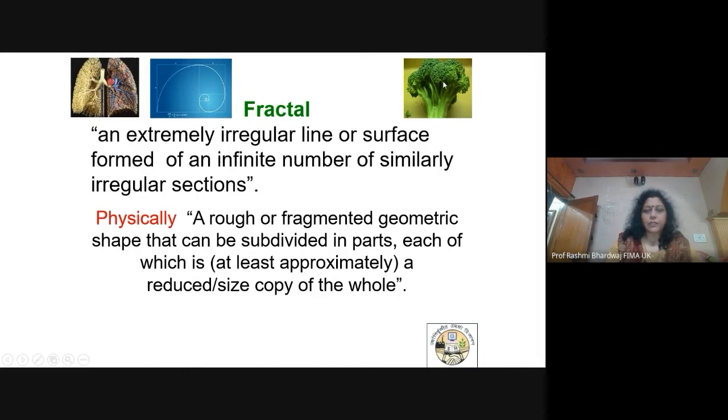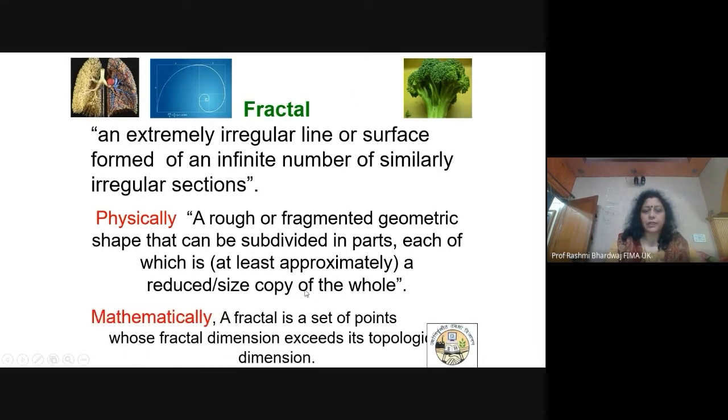So mathematically, a fractal is a set of points whose dimension exceeds its topological dimension. Basically, for topological dimension, we know that a point has 0, a line has 1, and a two-dimensional curve has 2.